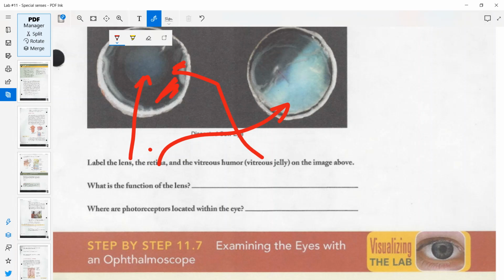The function of the lens is to refract light. It can change its size basically, and it can adjust the image, bringing it closer or farther. So basically, the lens refracts light. And photoreceptors are located within the retina in the eye.